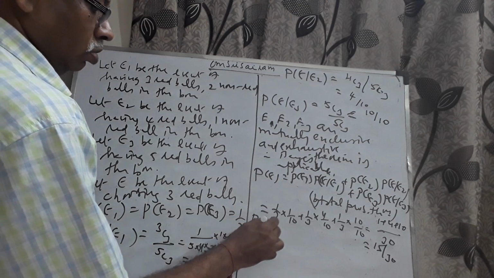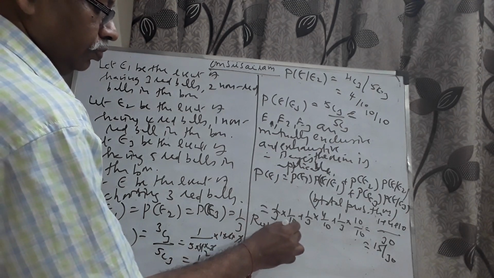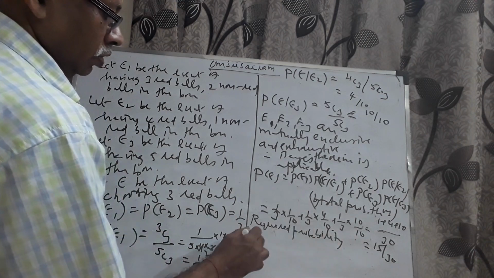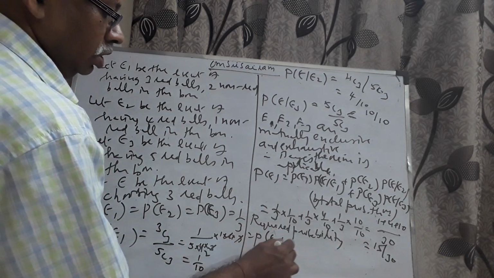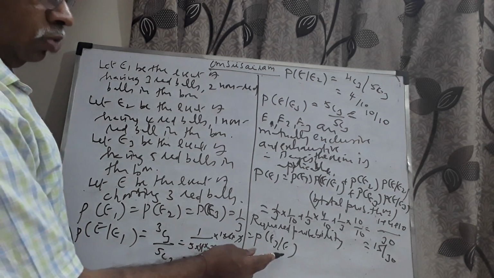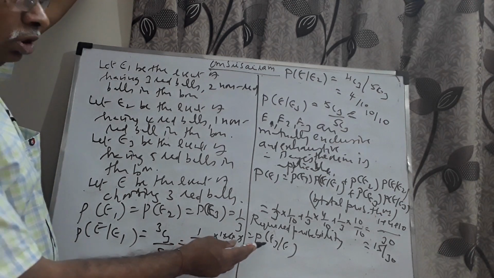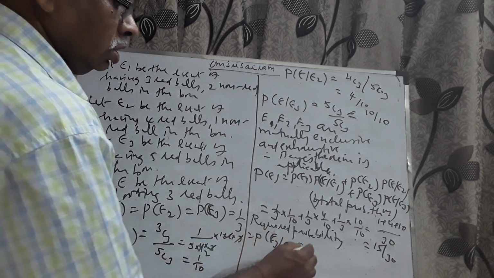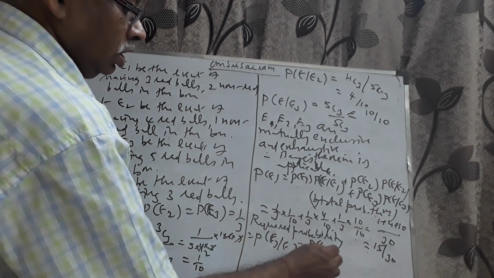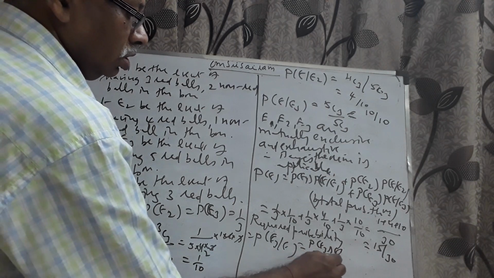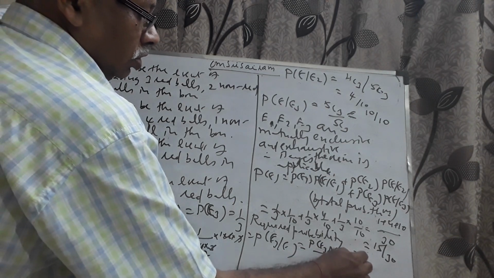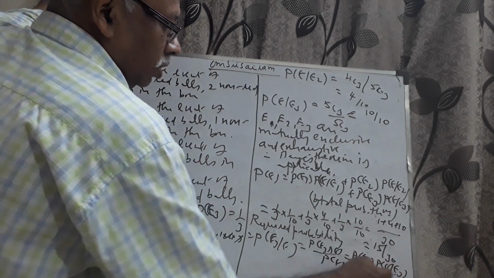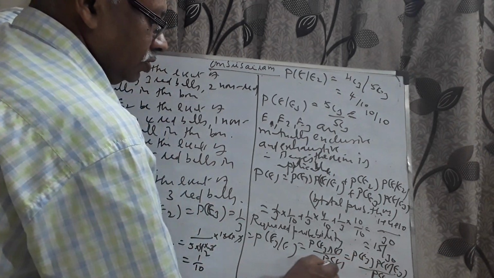Now, required probability is equal to P of E3 given E. I am having 3 red balls, and what is the probability all the balls are red in color? Therefore, the third possibility is my numerator. Therefore, this is P of E3 intersection E by P of E, which is P of E3 into P of E given E3 by P of E. Let me substitute the values.